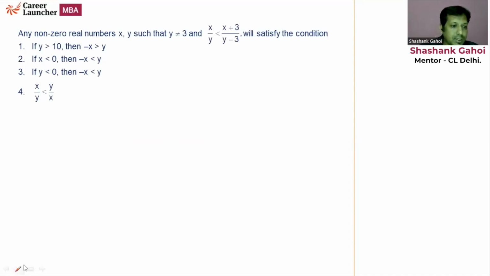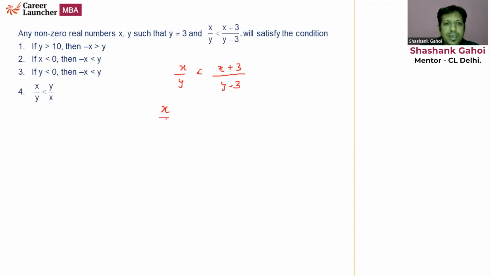Question number 2 says, x and y are two real numbers, and it is said that x upon y is less than x plus 3 upon y minus 3. Fair enough. So I am going to take this on the left hand side.